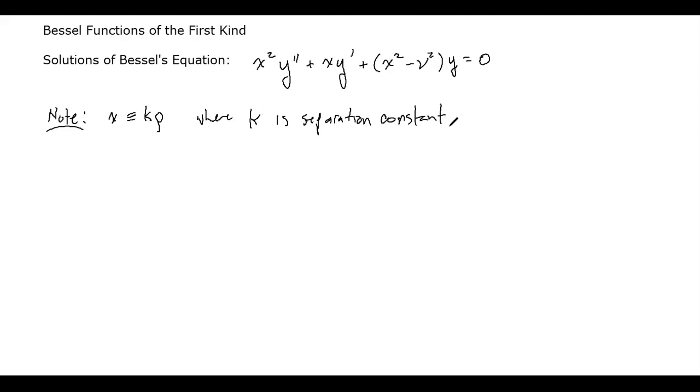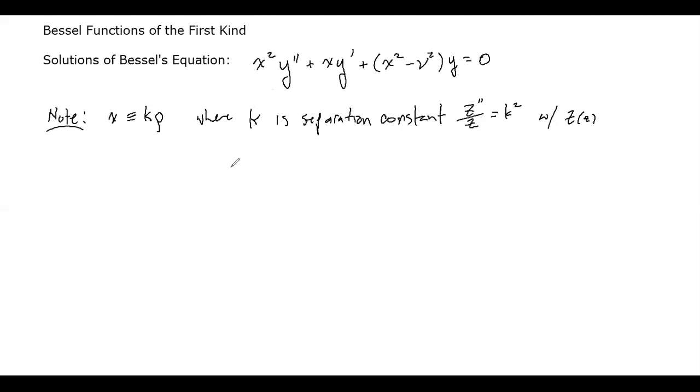When we peeled off the z part, when we split those 3 variables, rho, phi, and z, we ended up with something that looked like this: z double prime over z equals k squared. We just decided to call it k squared plus or minus, with z being a function of z only. So if you want to complete the mapping onto the standard form, you would have to do that.